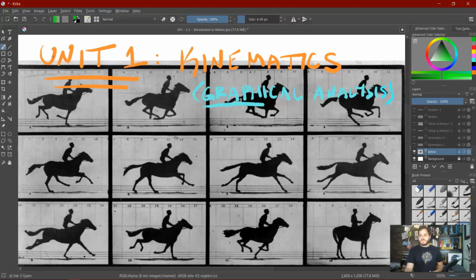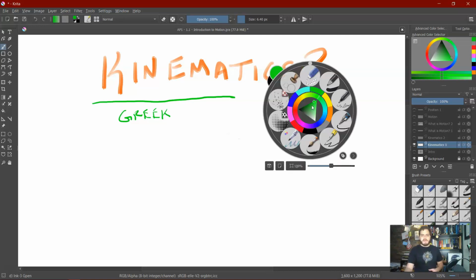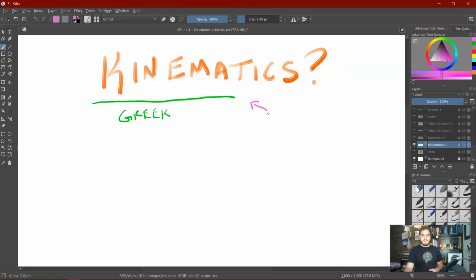So the first question you probably have is, okay, that's all well and good, but what does kinematics mean? So let's look at this very first part here, kinema. Kinema is a Greek word, and if you look at it, it might look a little familiar, because kinema sounds a lot like cinema.